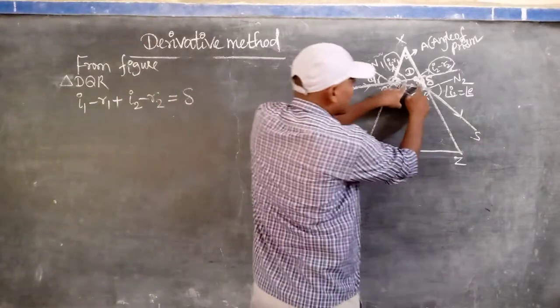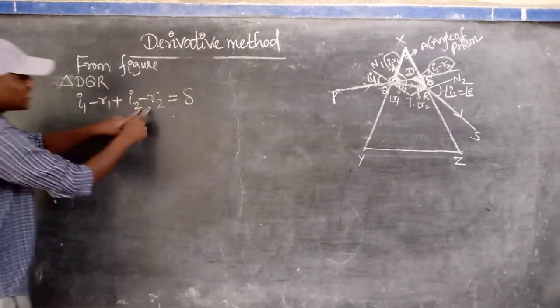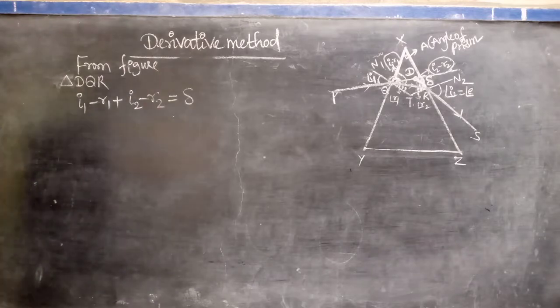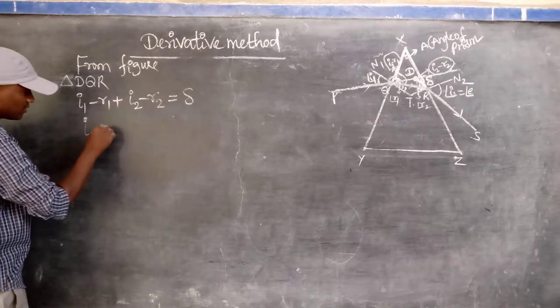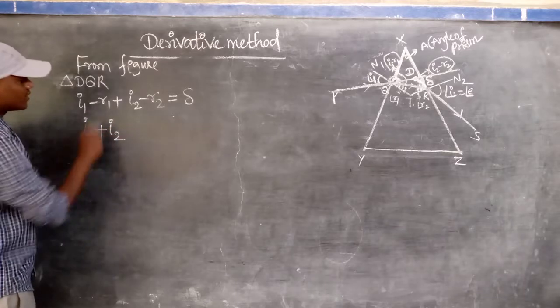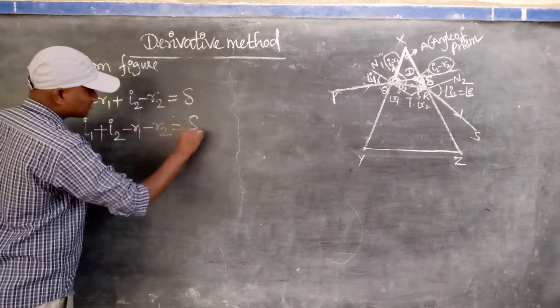The sum of the interior angles is equal to the exterior angle. These two are the interior angles, this is the exterior. I1 plus I2 can be written separately: I1 plus I2 minus R1 minus R2 is equal to delta.